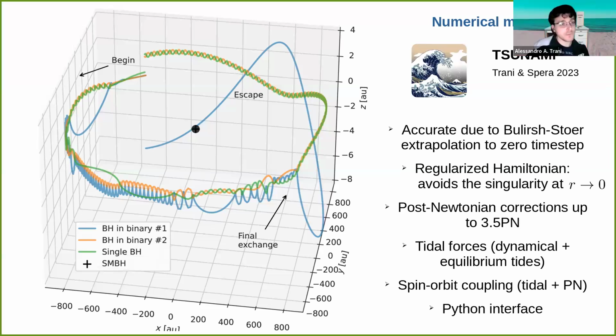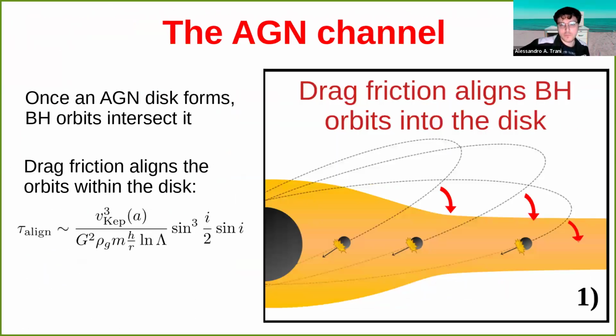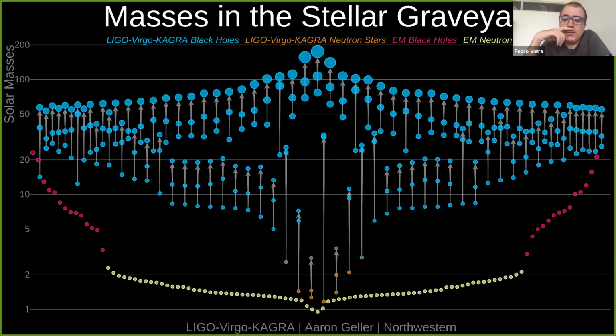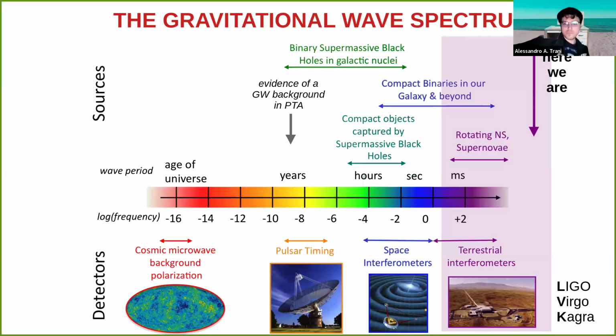With the current observatories, definitely no. We need to go to lower frequencies, either to space with space interferometers that can measure the signal at much lower frequencies.